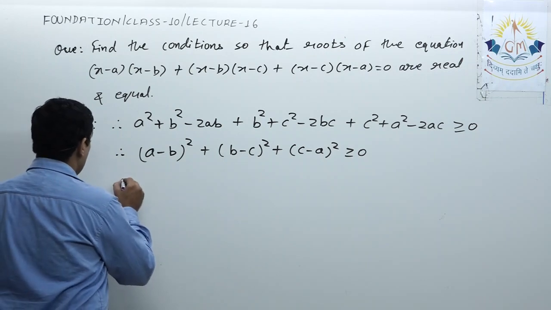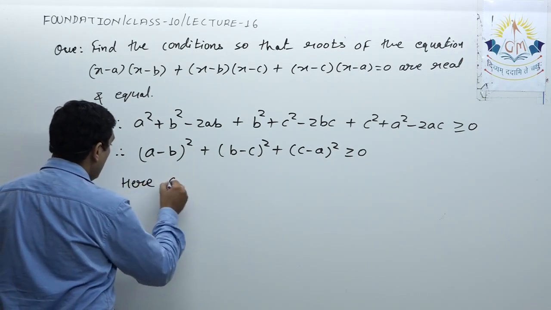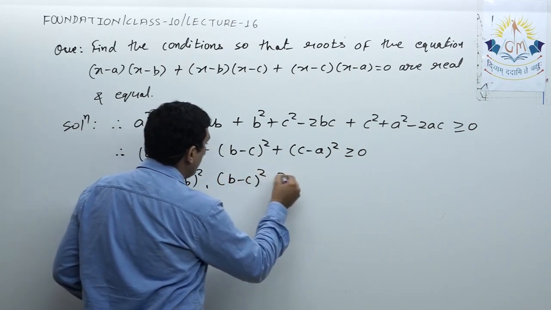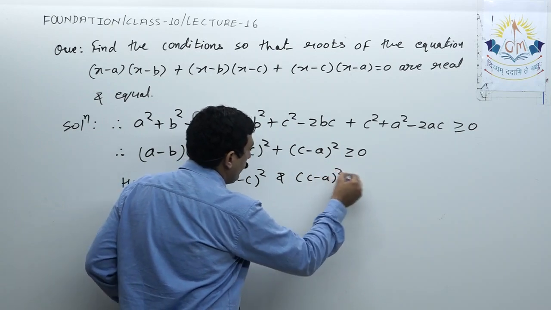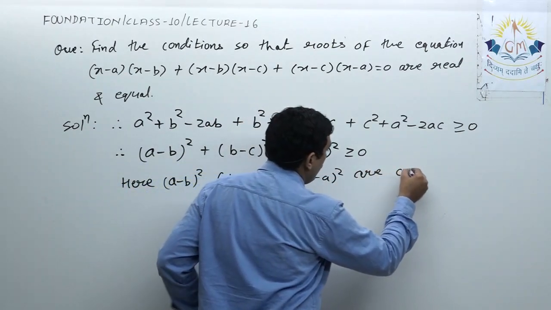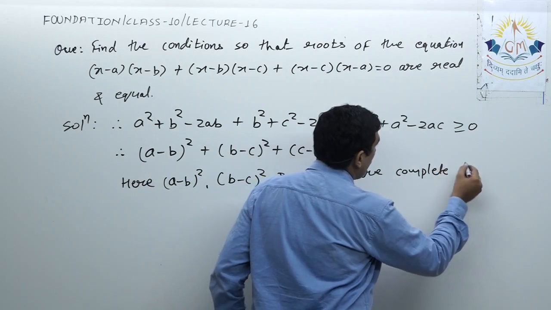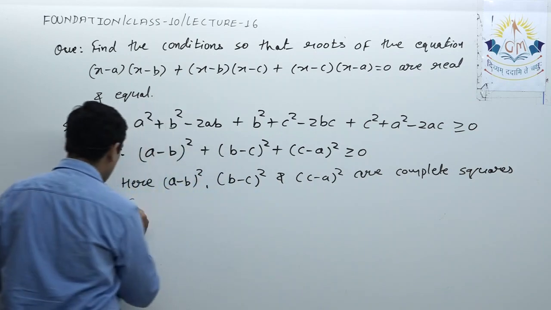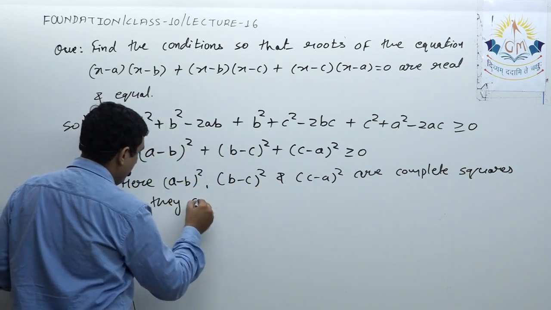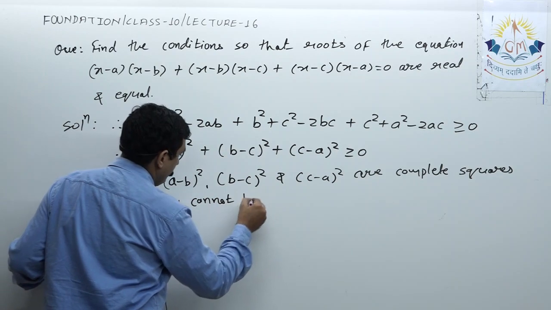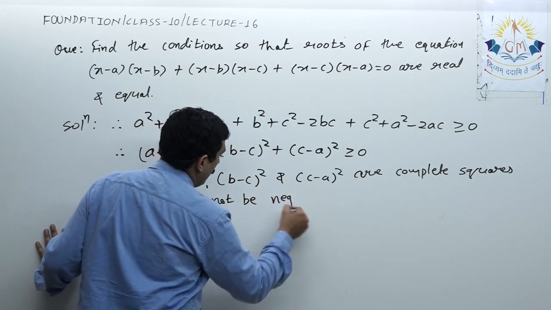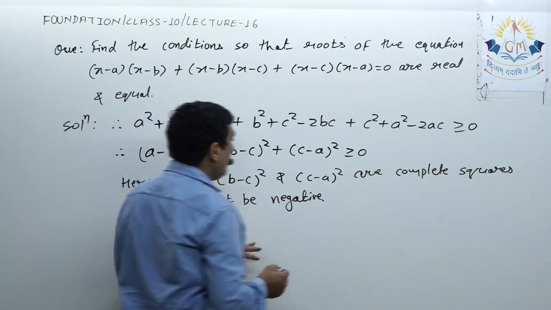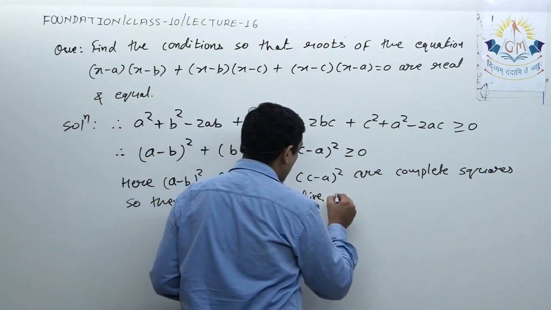Here, a minus b whole square, b minus c whole square and c minus a whole square are complete squares, so they cannot be negative. Now the sum of three non-negative quantities is equal to 0.